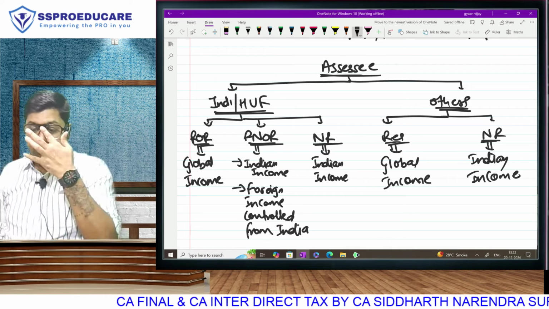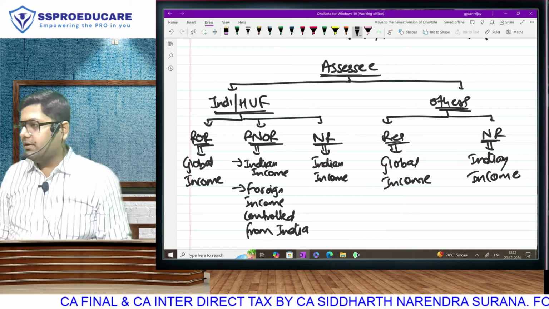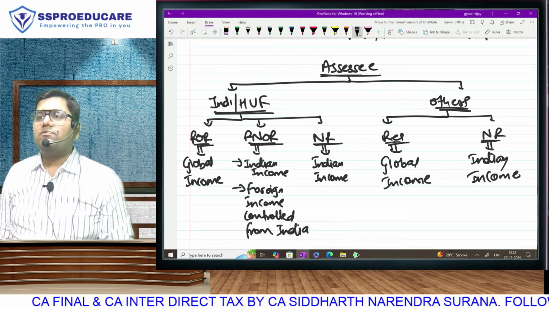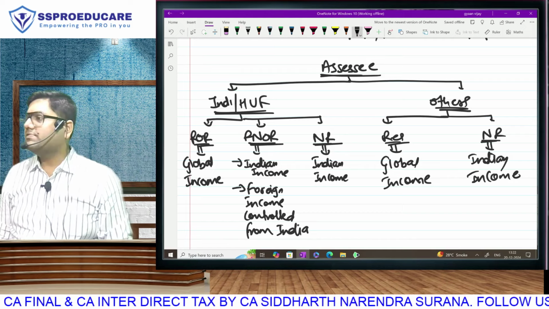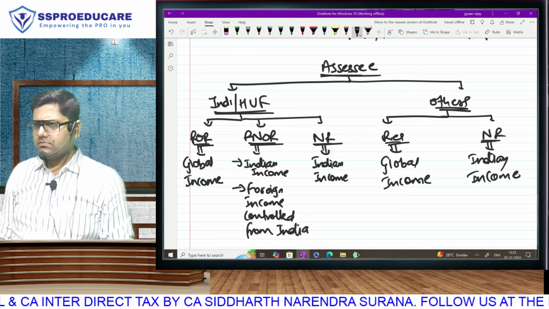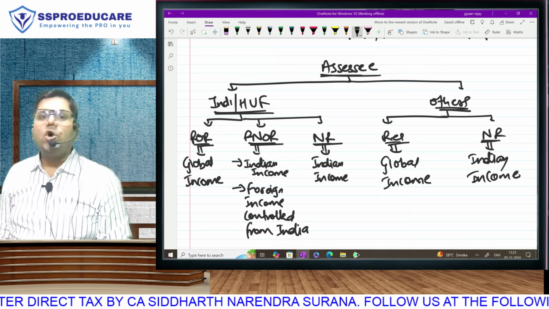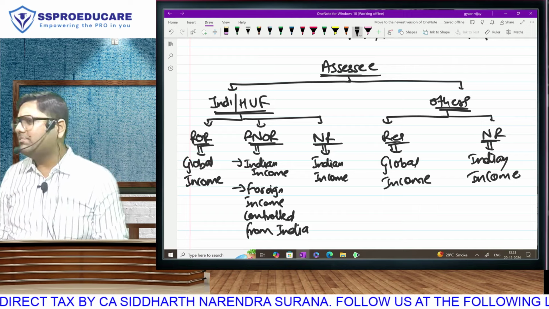Now this means that if your income is Indian income, then tax has to be taken from resident as well as non-resident, ROR, RNOR, everyone. And foreign income we will target only residents or RNOR sometimes.